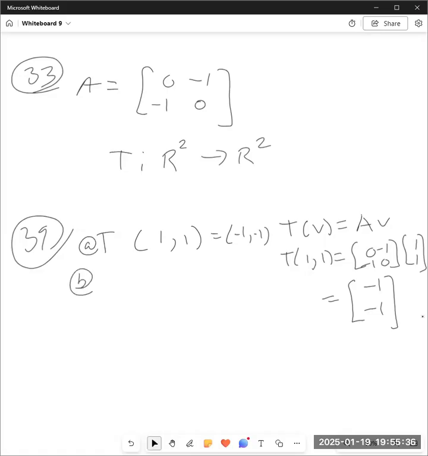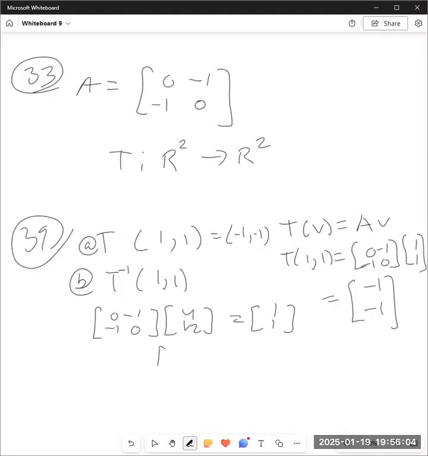For B, they ask us to find the pre-image of 1, 1. So T inverse of 1, 1. And to do that, we're going to say that 0, -1, -1, 0 times V1, V2 is equal to 1, 1.